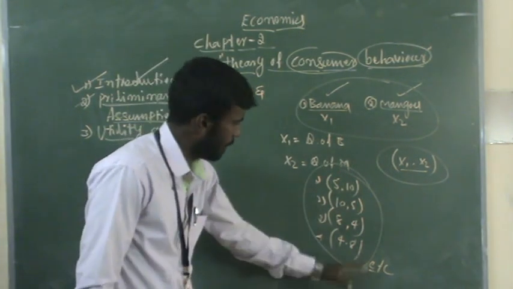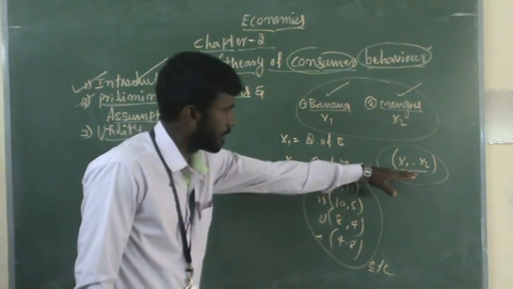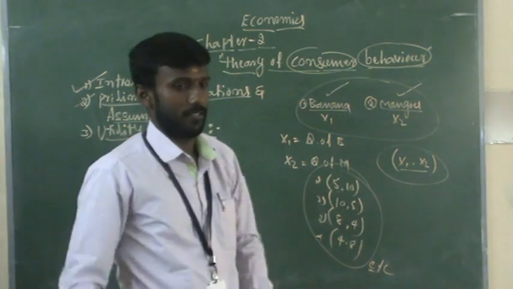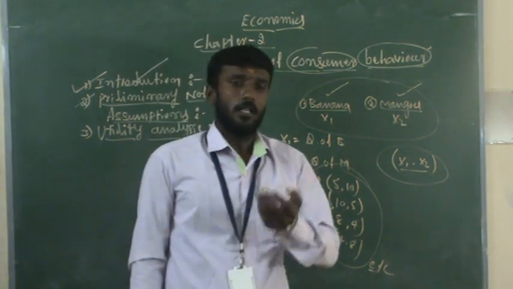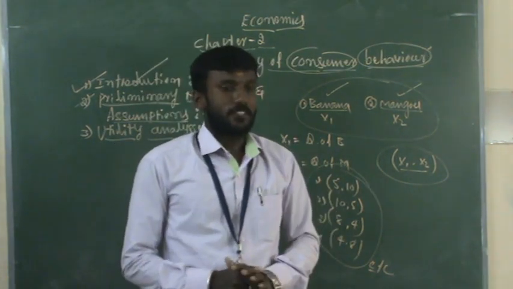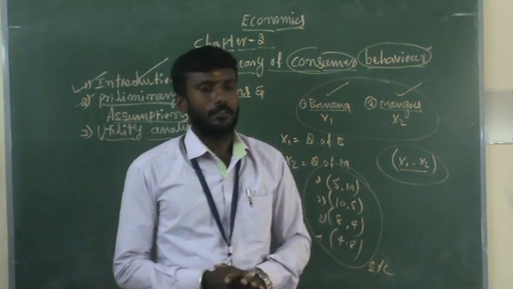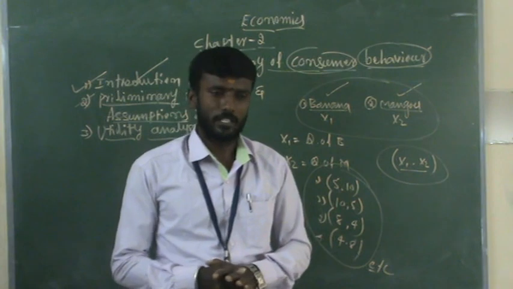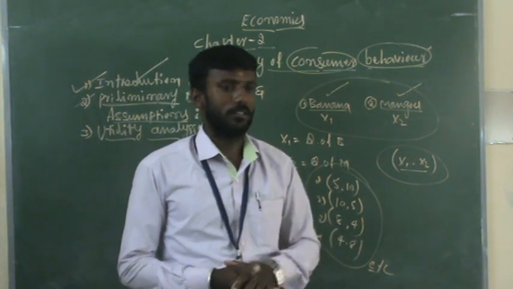These types of bundles and things, the preliminary notations, will come in the next classes, I mean the budget set, then the budget line, then after the derivation of the budget line, the derivation of the budget set, and the indifference curve, then the indifference map.